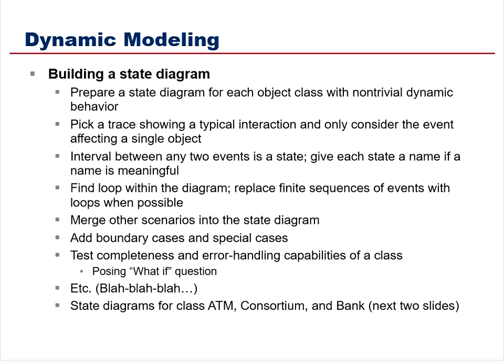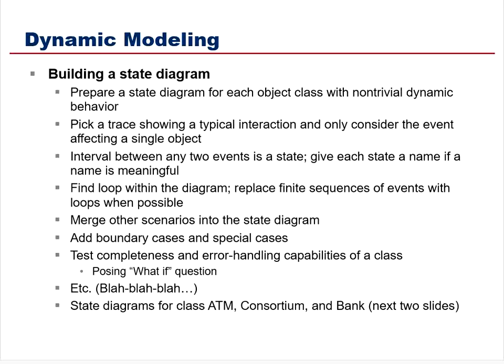We have to test the completeness and error handling capabilities of a class, and many more things we have to use for constructing a state diagram. So first of all, we are preparing a state diagram for objects and classes with dynamic behavior.